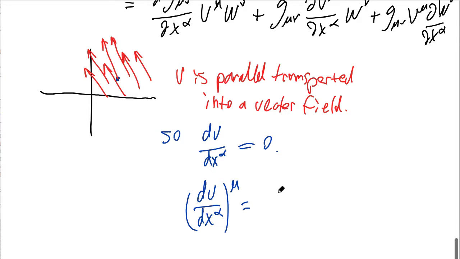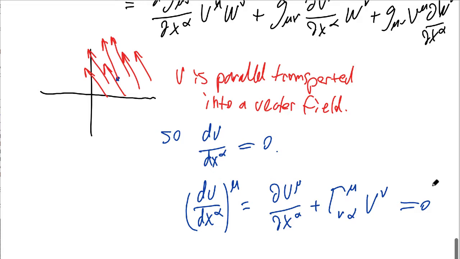It has components that are equal to the ordinary partial derivatives of the components of the vector field plus the Christoffel symbol term like this. So for this vector field that's formed by parallel transporting a single vector all around, this is equal to 0.